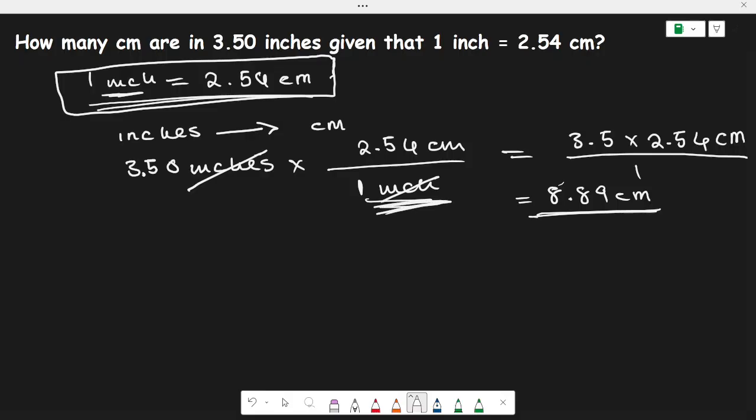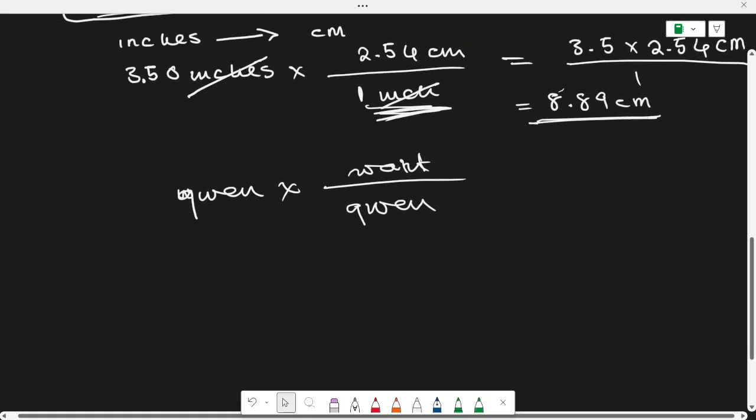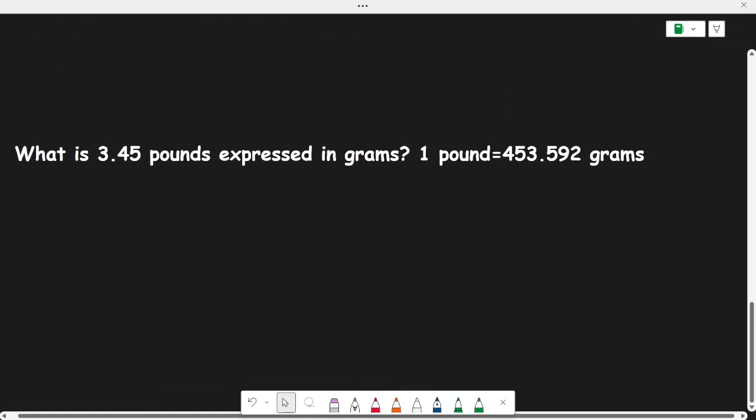So basically we can summarize this to be what you've been given times what you've been given over, on top you have what you want. Something like this. I don't know, but I know you understand.